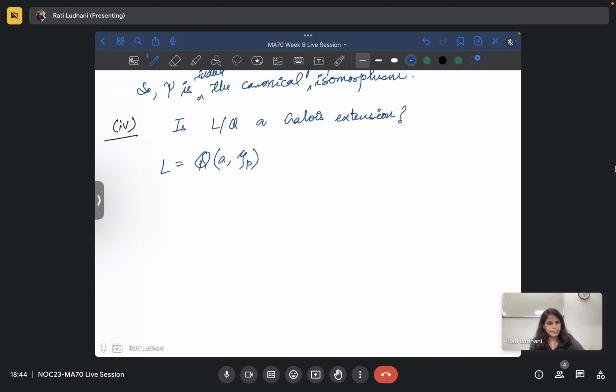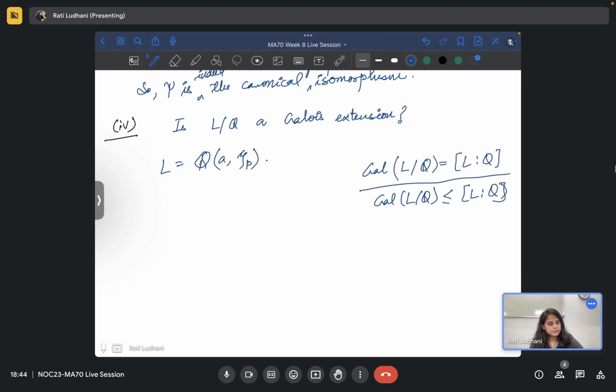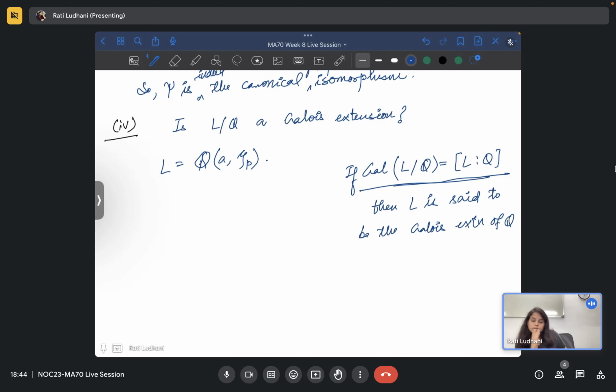The order of the Galois group is equal to the degree of the field extension L over Q. Exactly, very good. You know that this is always less than or equal to the degree of L over Q. But when equality happens, then L is said to be a Galois extension of Q.